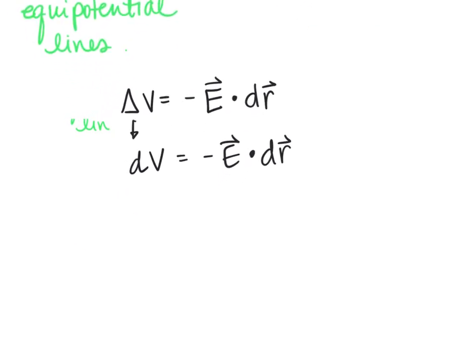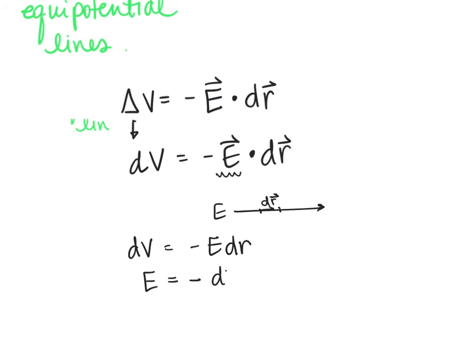Now, if I want to find the electric field, if the electric field is parallel to the little dr displacement, then this would be dV is equal to negative E dr, and then I could write the electric field as being the negative derivative of the electric potential with respect to r.